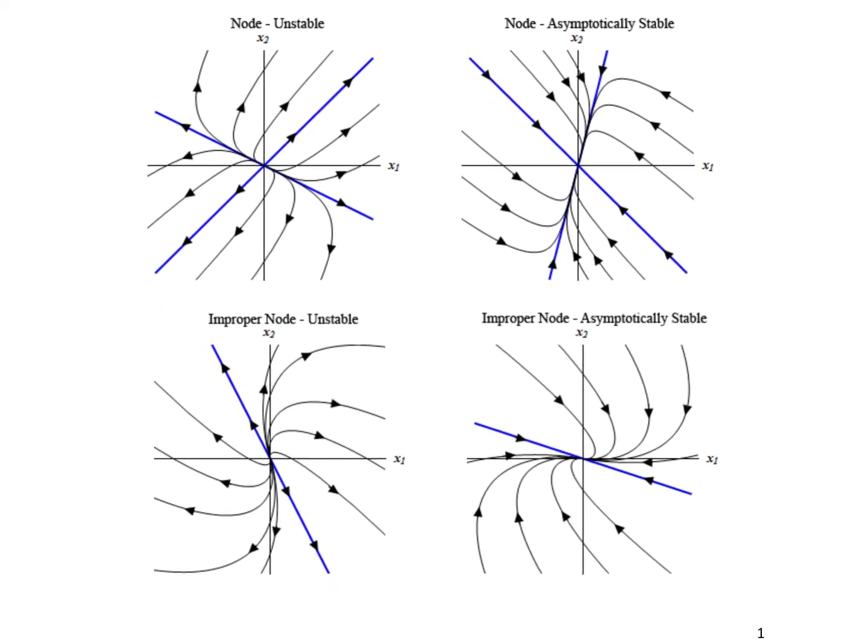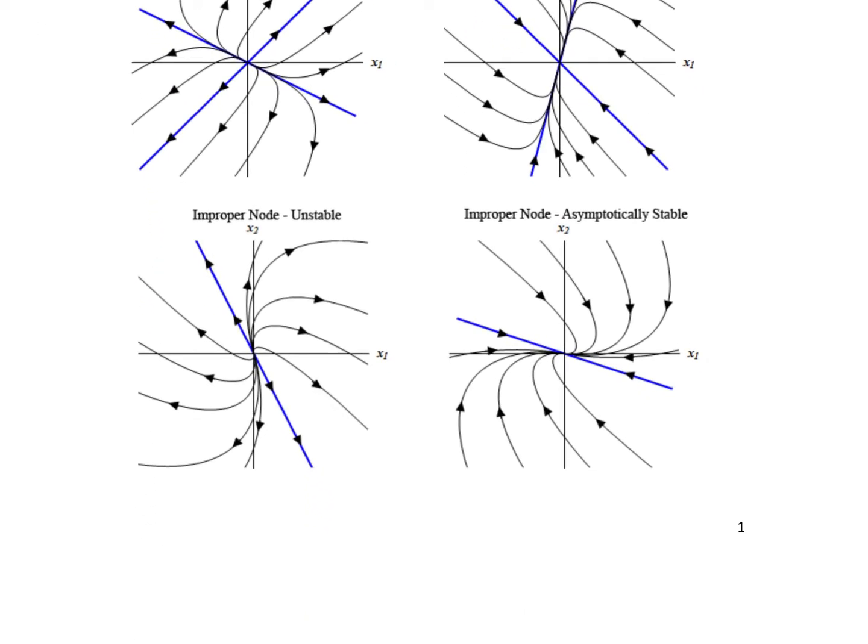If we take a look at our next example here, we have an improper node that's unstable. Notice from this point right here at the origin, we are coming out. We are swooping out in all directions. And we have an improper node which is asymptotically stable.